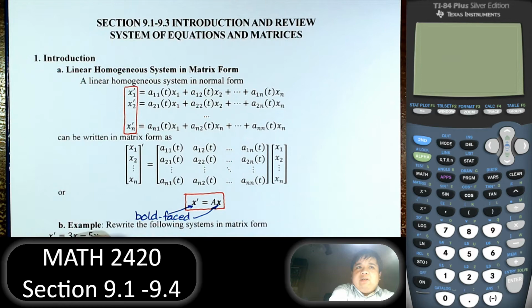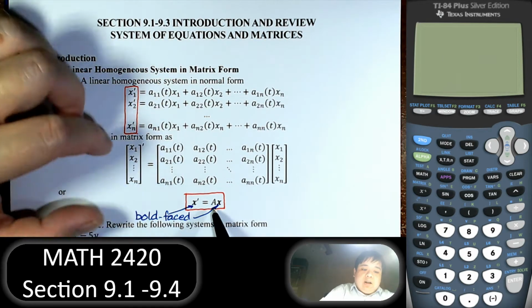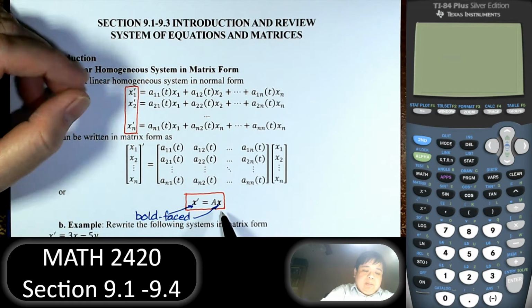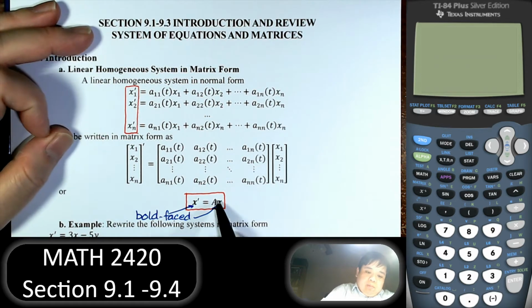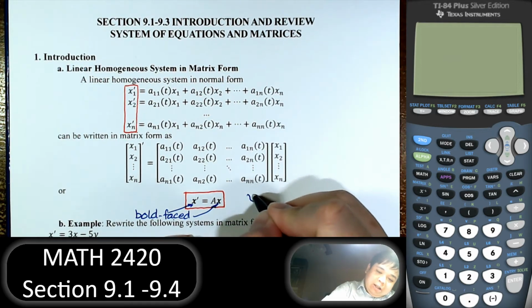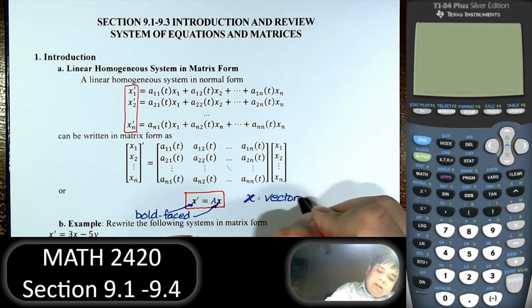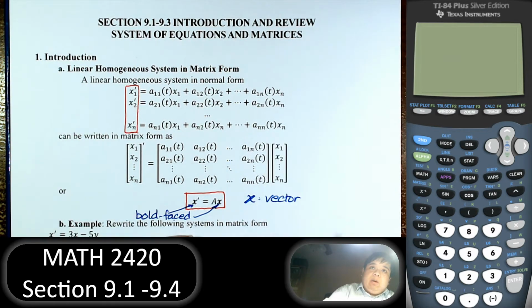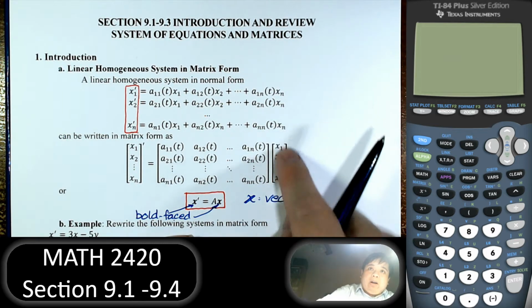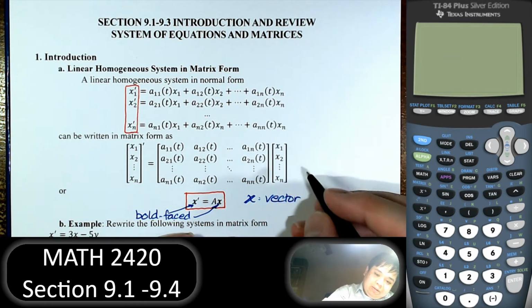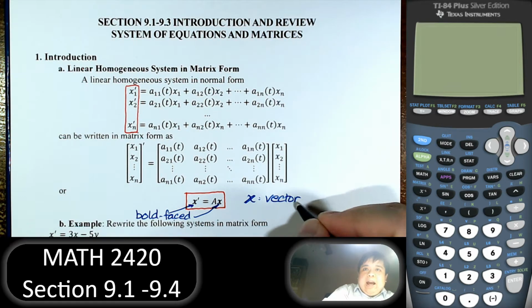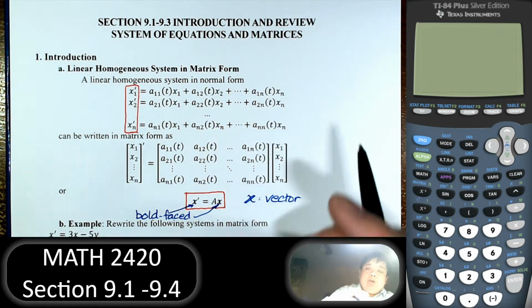That's clear enough. But for a vector that contains more than one component, it will be boldface. So when we write it like this, it is a vector. A vector is given in a column, one column of a matrix, and when we say vector, usually we denote a column vector.